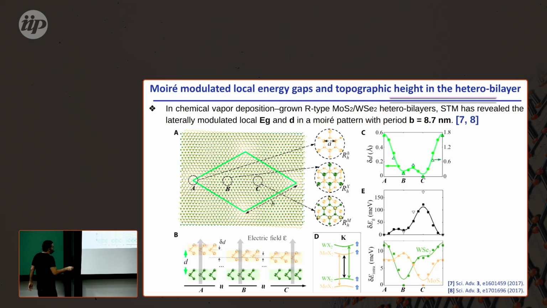One of those is the energy gap difference per stacking. For instance, here it's A, you are going to see a minimum, here B, here is the position of the energy gap for B and C and so on.